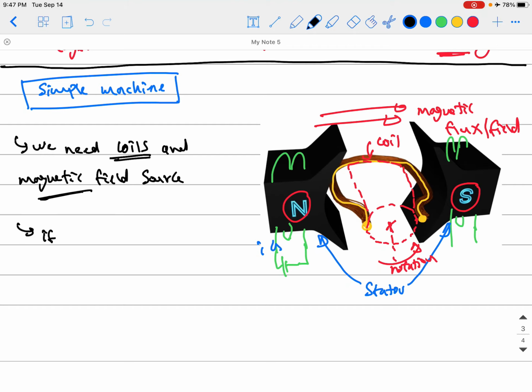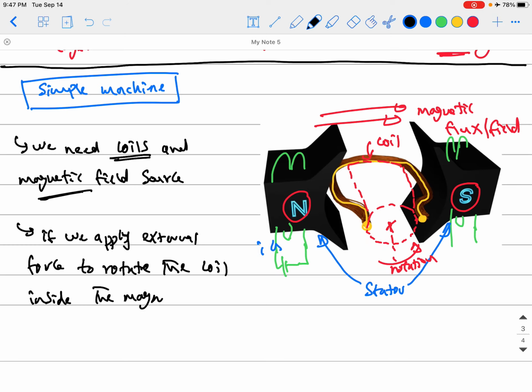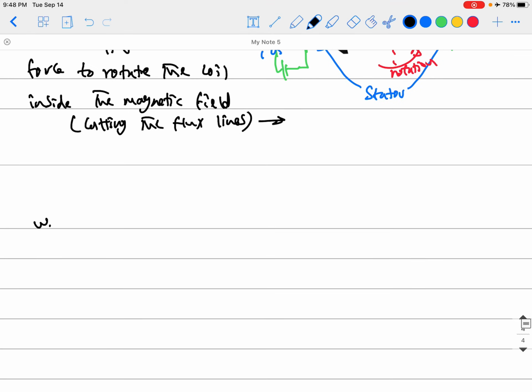So if we apply an external force to rotate the coil inside the magnetic field, what I mean by inside the magnetic field is cutting the flux lines, then we get an electric voltage induced on the coil. And that is a generator.